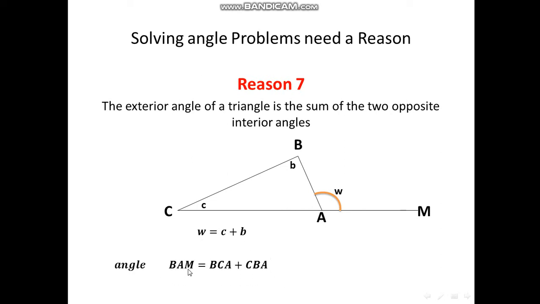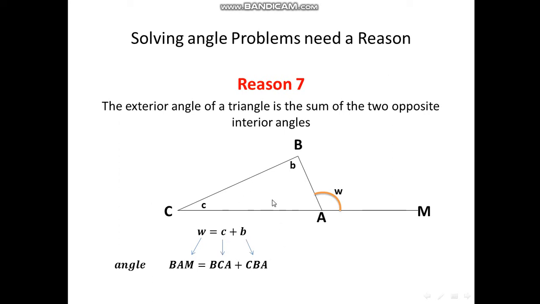I mean by that, angle W, which is this one, equals angle C. Angle C, what is it? It is BCA. Look, BCA, C in the middle, the same as this one, plus B.